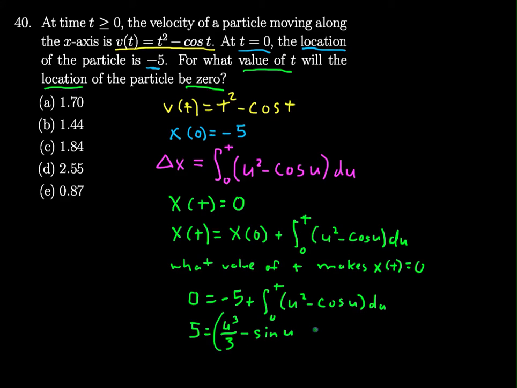And I'm going to evaluate this from 0 to t. And that's actually really quite easy. I still have the 5 on the left, so I put in the t to both of these. I get t cubed over 3 minus sine of t. I put in the 0, but I'm not even going to write it because 0 cubed is 0, sine of 0 is 0, 0 minus 0 is 0.